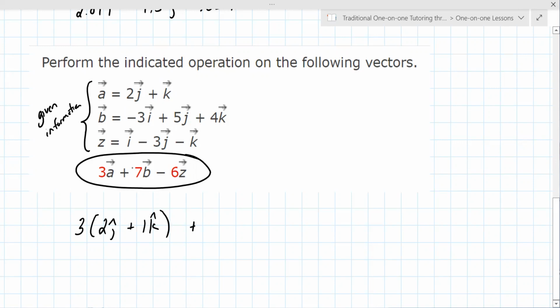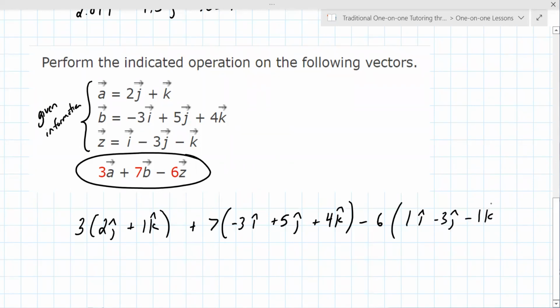Plus 7 times B, so 7 times minus 3I plus 5J plus 4K. And then from B, there's B. Oh, okay. And then minus 6 times Z, Z is 1I hat minus 3J hat minus 1K hat.